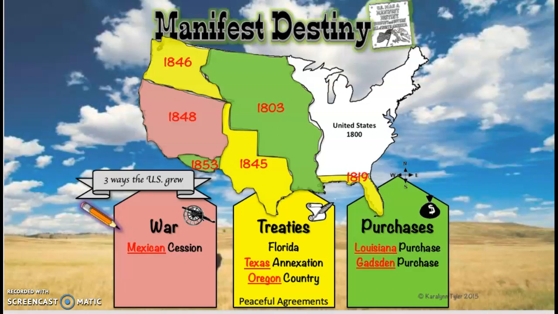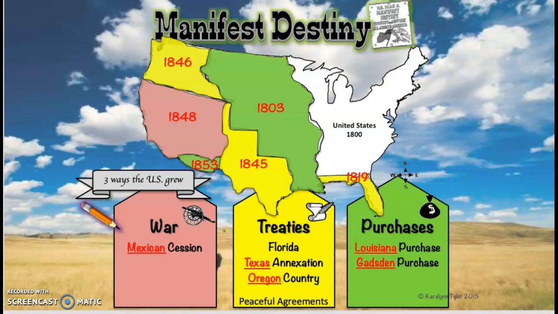We also signed a treaty to get the Texas annexation, so that area in 1845 that includes almost all of Texas and parts of Oklahoma. And then up in the upper northwest, you'll see in 1846 we signed a treaty with the British for the Oregon country.